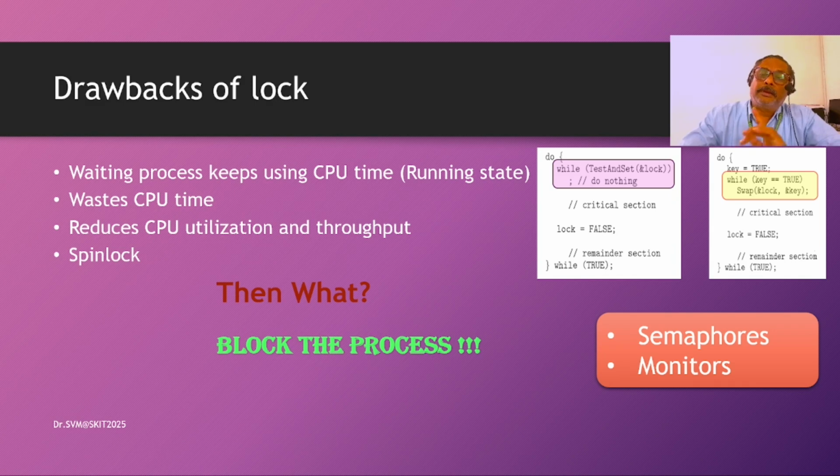And when the shared resource for which this sleeping process was waiting is available, someone can wake this process and say that the one you were looking for is available, so go and use it. As an example, it is like waiting in a queue for your turn to come.